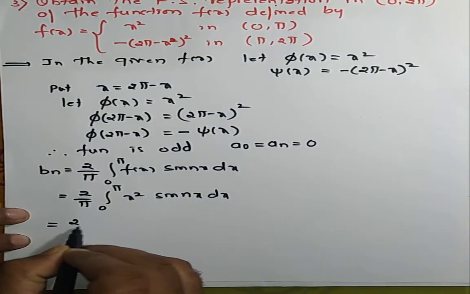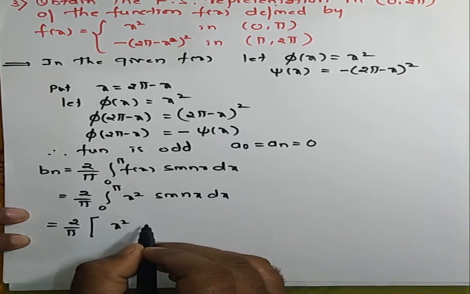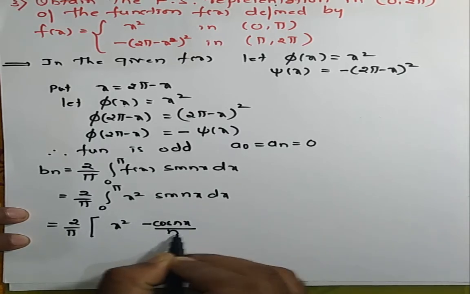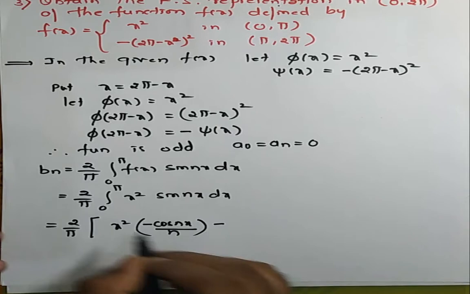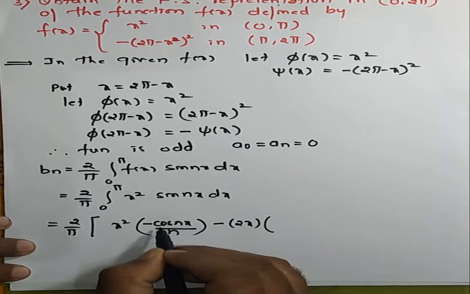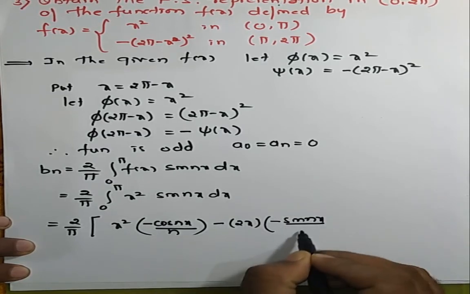So 2 divided by pi, apply the Bernoulli's rule. First function as it is, integration of sin is minus cos nx divided by n, bracket, minus differentiation of x square is 2x, then again integration of cos is sin nx divided by n.